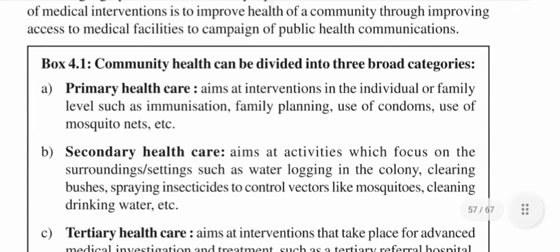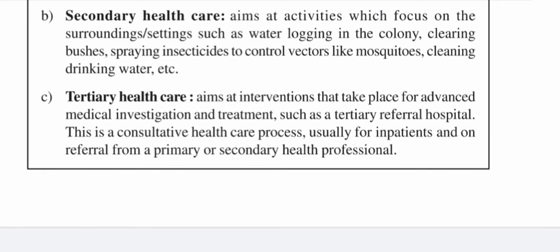Community health can be divided into three broad categories. Primary health care, PHC, aims at interventions at the individual or family level such as immunization, family planning, use of condoms, use of mosquito nets, etc. Secondary healthcare system aims at activities which focus on the surroundings or setting such as waterlogging in the colony, cleaning bushes, spraying insecticides to control vectors like mosquitoes, cleaning drinking water, etc. Tertiary healthcare aims at interventions that take place for advanced medical investigation and treatment such as tertiary referral hospital.